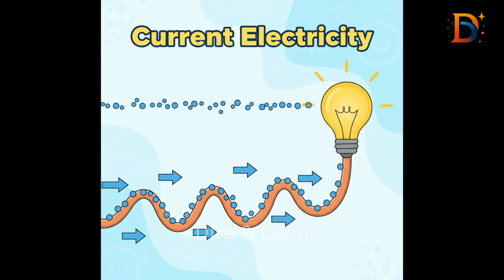The water in the river is constantly flowing from one place to another. In current electricity, the electrons are like the water flowing through a river made of wire. When they flow into something like a light bulb, they make it light up.